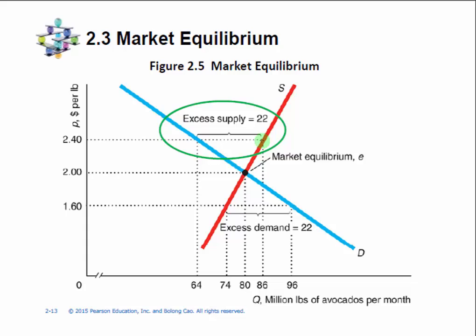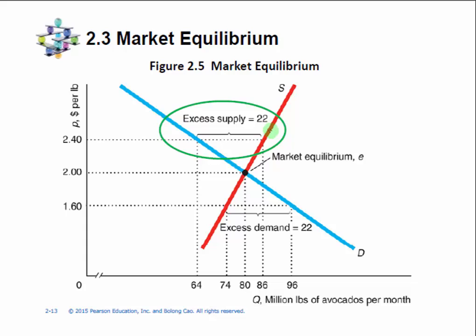And this is basically the firms finding that they cannot sell all of the avocados they put on the shelves in the supermarkets, right? Each time the consumers go to the supermarket they just see a lot of nearly rotten avocados on the shelves, and they see the price is still $2.40. It's still too high. They don't want to buy that many.